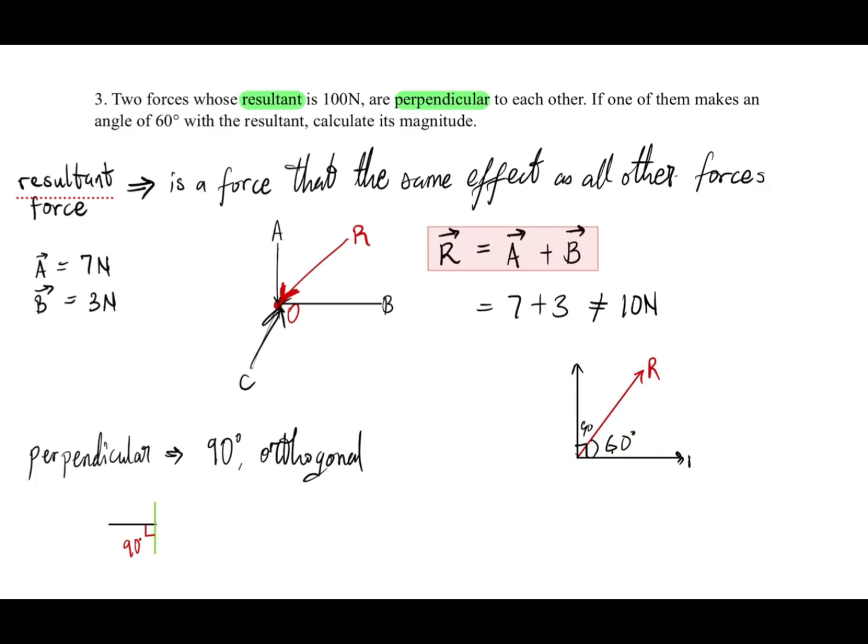So this is our question now. This is A and this is B. After analyzing the question and properly understanding it, we now know that we are given two vectors or two forces with a resultant, call it R, which equals 100 newtons.